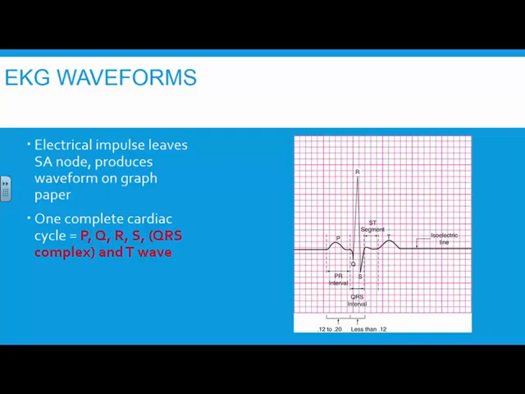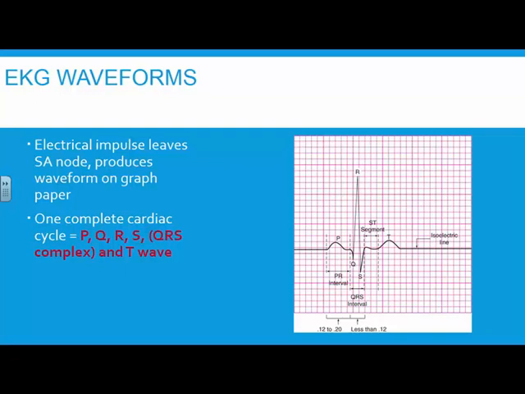What makes something called a sinus rhythm? That electrical impulse has that action potential, that squeeze has to begin in the SA node, and it has to travel along that pathway. Okay?